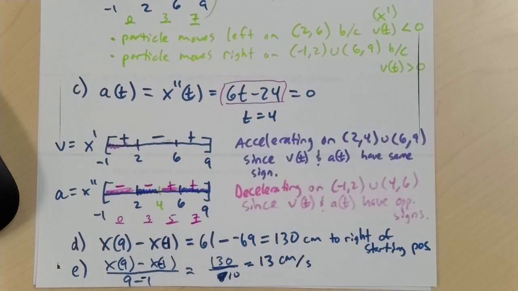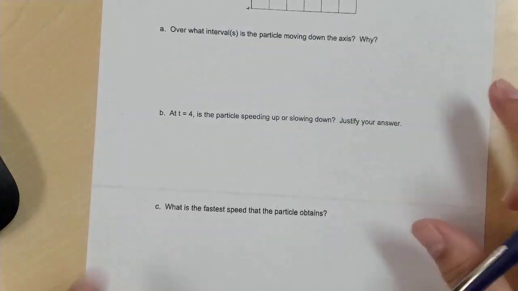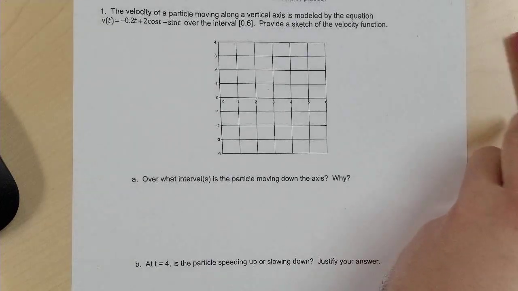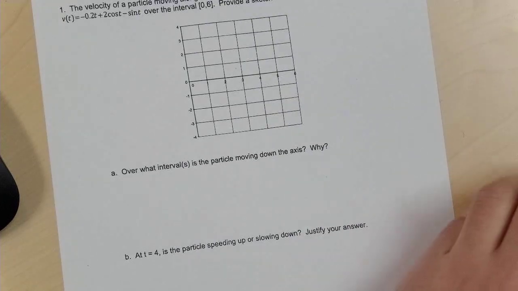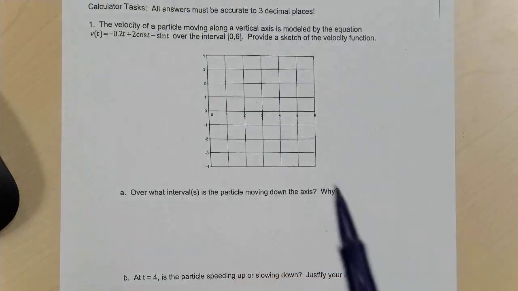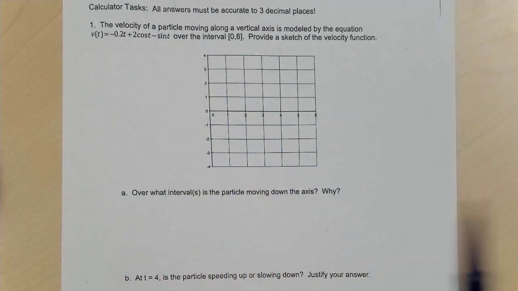All right, so the last thing is now answering some of these questions with a calculator. Here's a word of advice. If they give you a graph grid and they actually have everything labeled, that's the first thing I'm going to do.